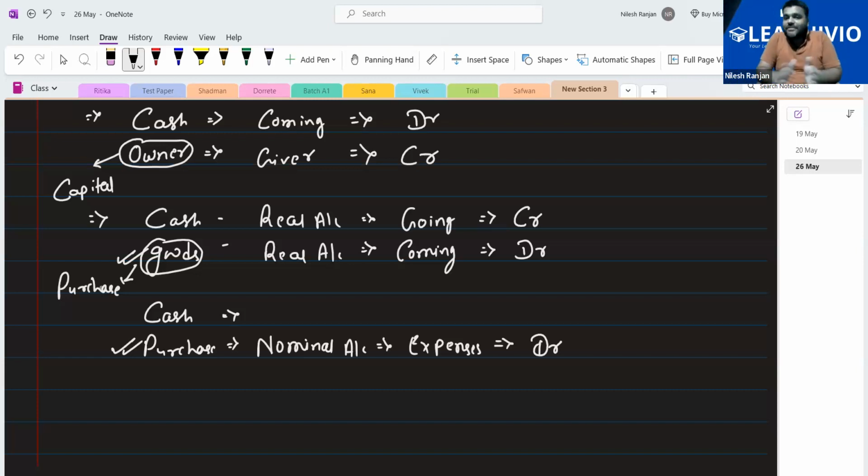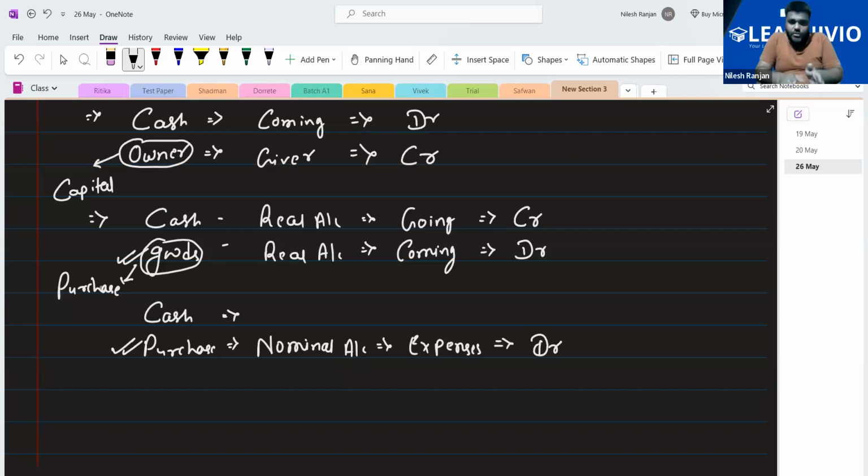So there is no difference between purchase and sale transactions. Everything will go to the goods account. That is not a correct entry. That's why we have to bifurcate purchase, sales, purchase return, sales return. So that's why we never write goods in a journal entry. We replace it with purchase, sale, purchase return, sales return. So that's why purchase will be debited.